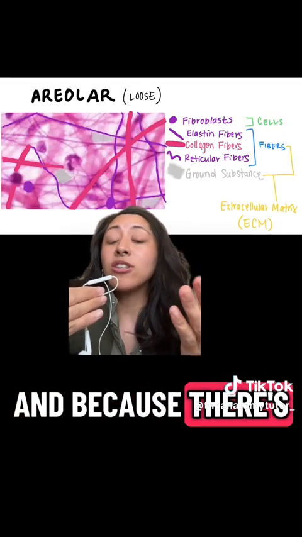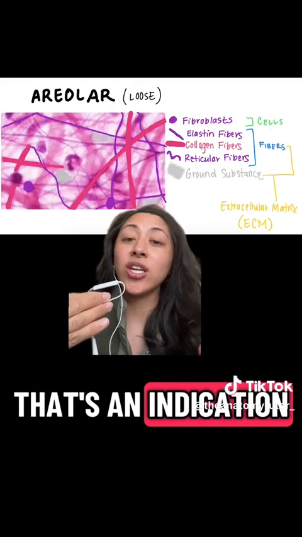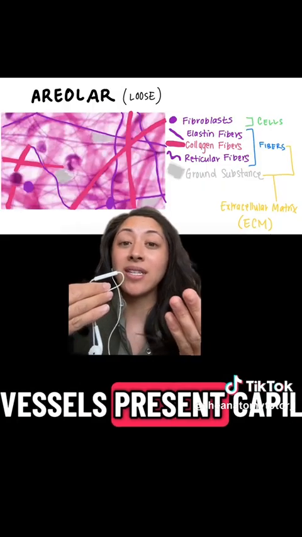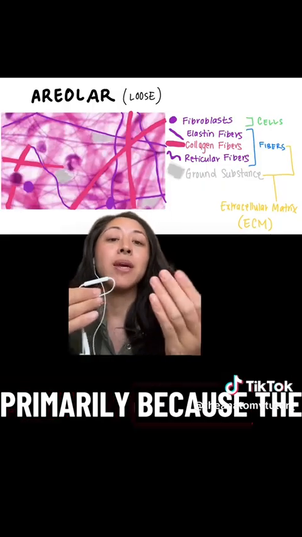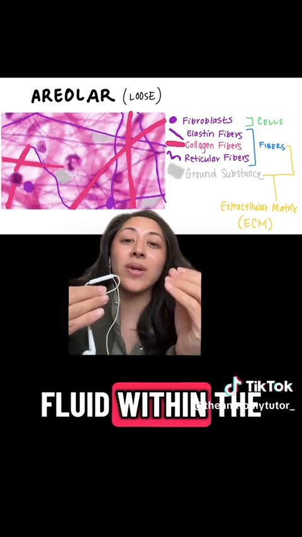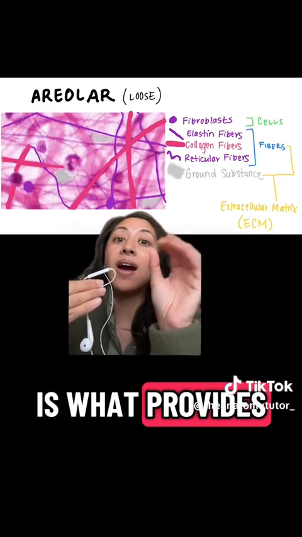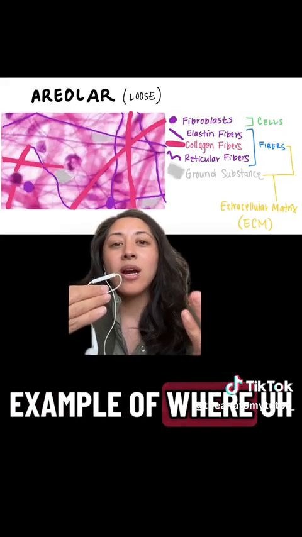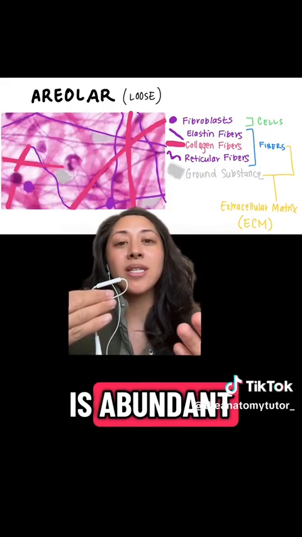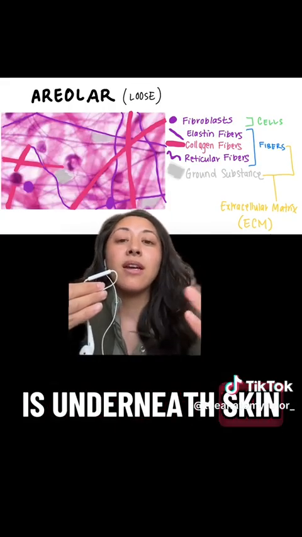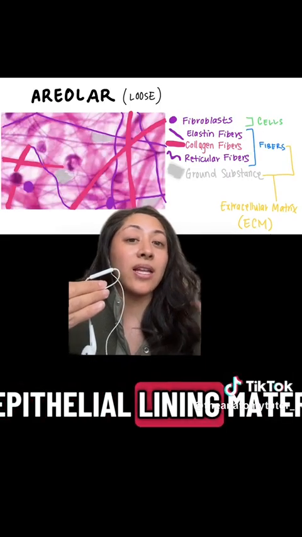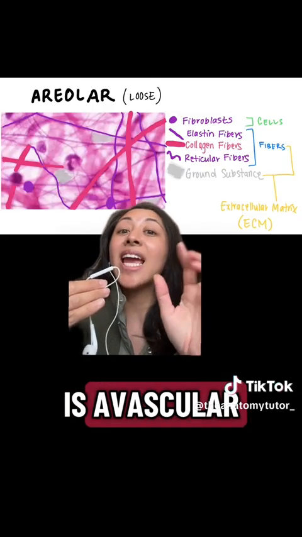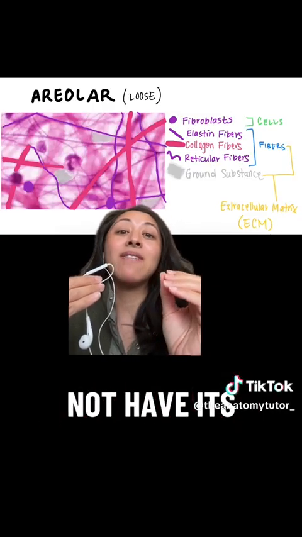And because there's a lot of ground substance, that's an indication of vascularity, an indication of blood vessels present, capillaries primarily, because the fluid within the blood vessel is what provides the fluid in the tissue. And so to give you an example of where areolar tissue is abundant is underneath skin or anything that's of epithelial lining material, because epithelial tissue, if you recall, is avascular, meaning it does not have its own blood supply.